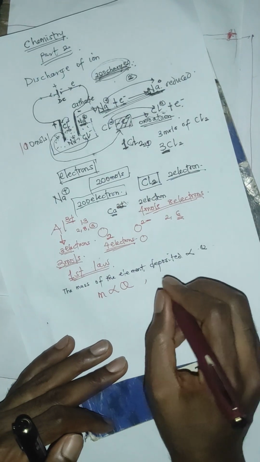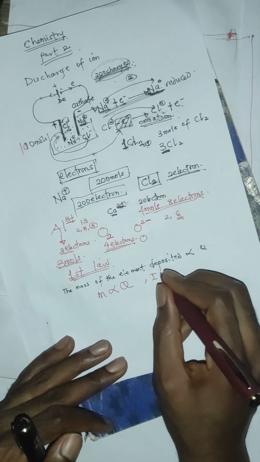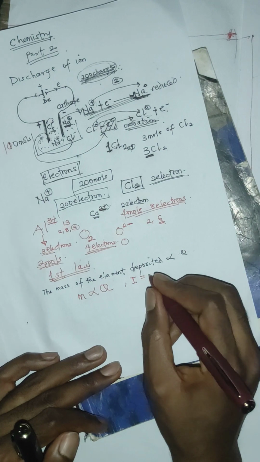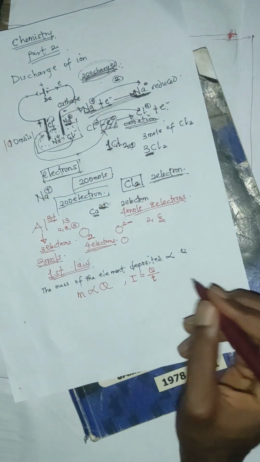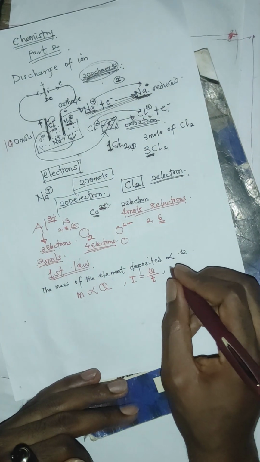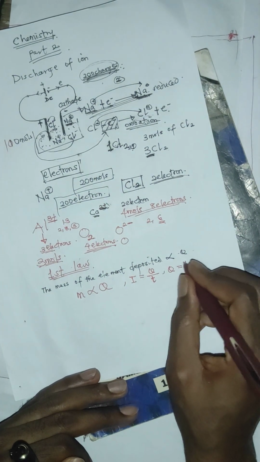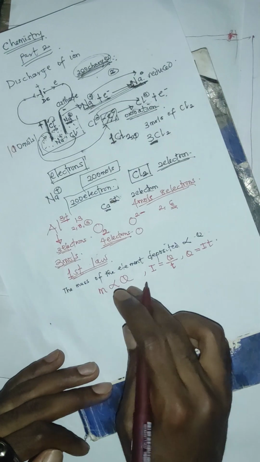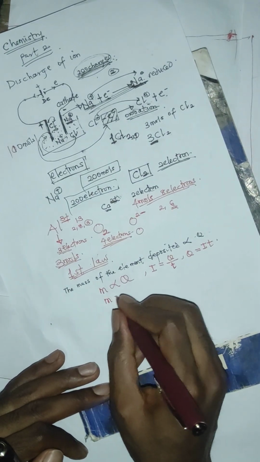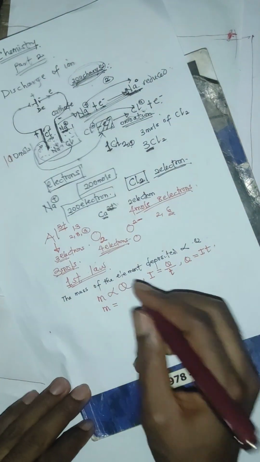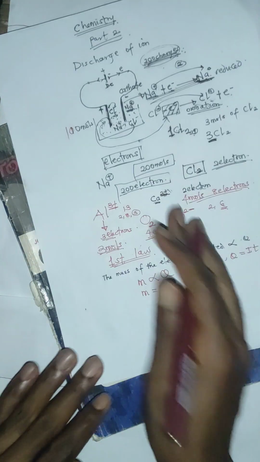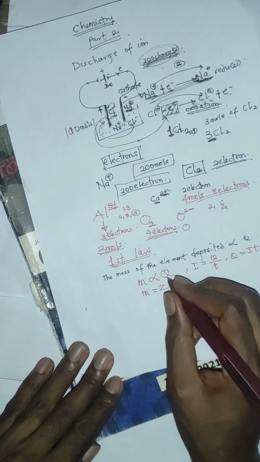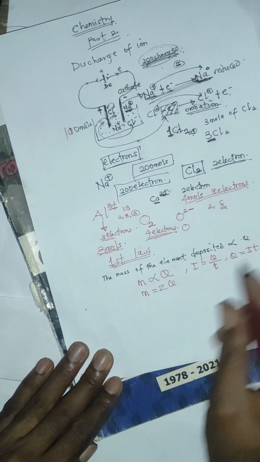So if you remember, according to Andre Ampere, current can be defined as the quantity of charge passing through a conductor in a unit time. So from here, my quantity of charge equals current times time. So if I bring that in the formula here, and I introduce a constant and call it Z, my mass is going to be equal to ZQ, where Q is IT.